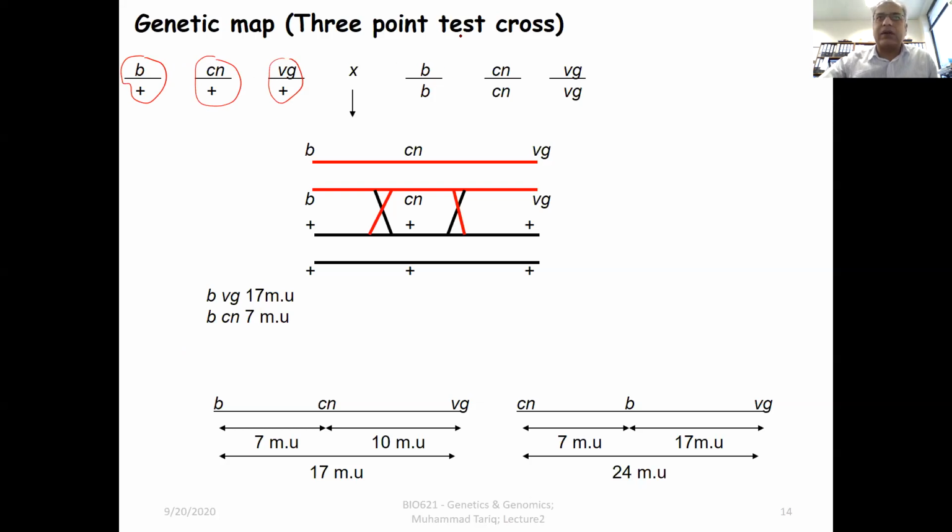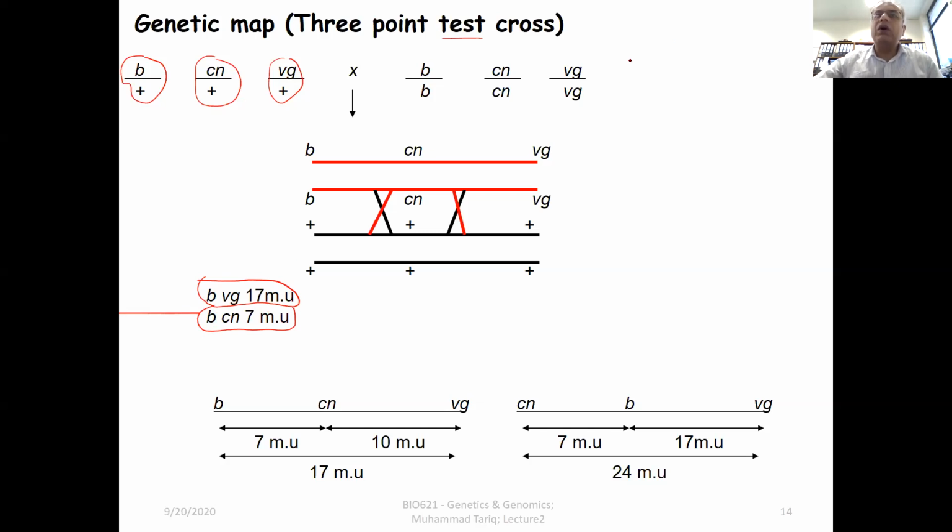This is a test cross. So you must have used parents, and after the test cross, you already know black and vestigial are 17 map units apart, and black and cinnabar are 7 map units apart, from dihybrid crosses.